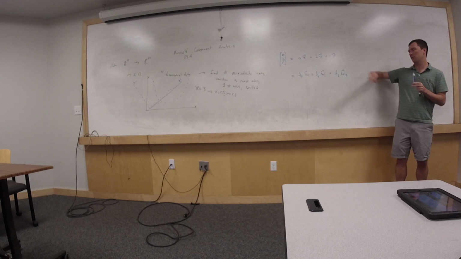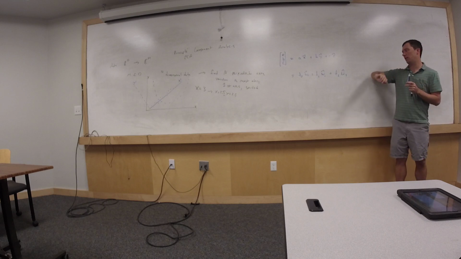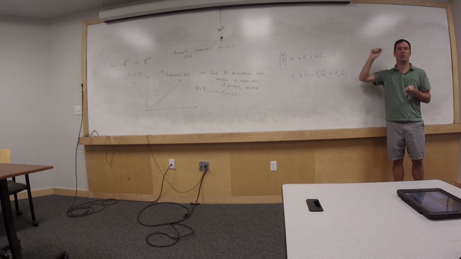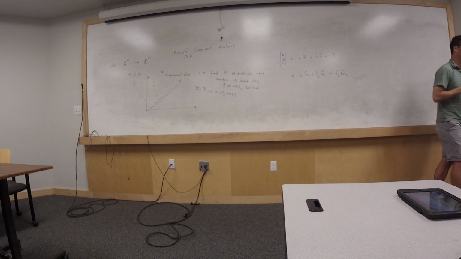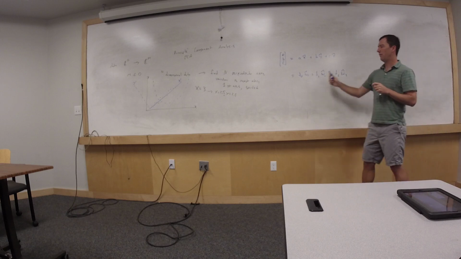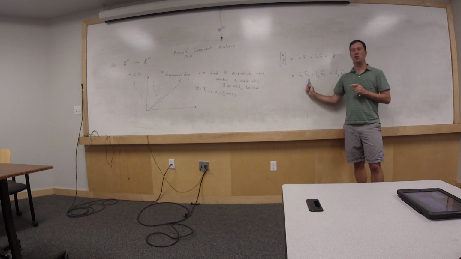And hopefully, I choose these in such a way that if I just ignore some of them, I'm pretty close to my original point. As we talked about, we want to pick these W's so that as much of the variation of my data is in this direction W0 as possible.